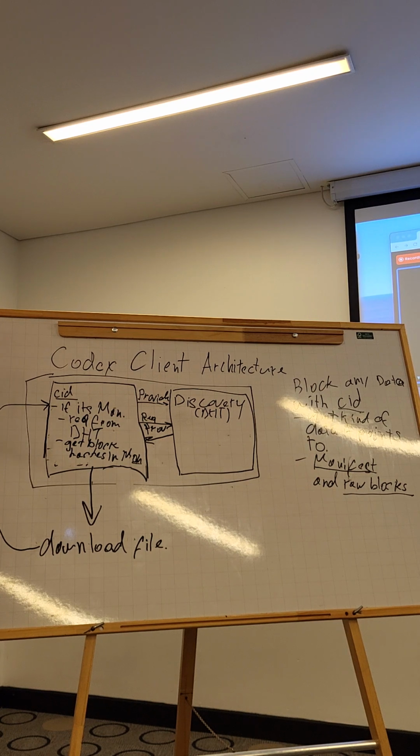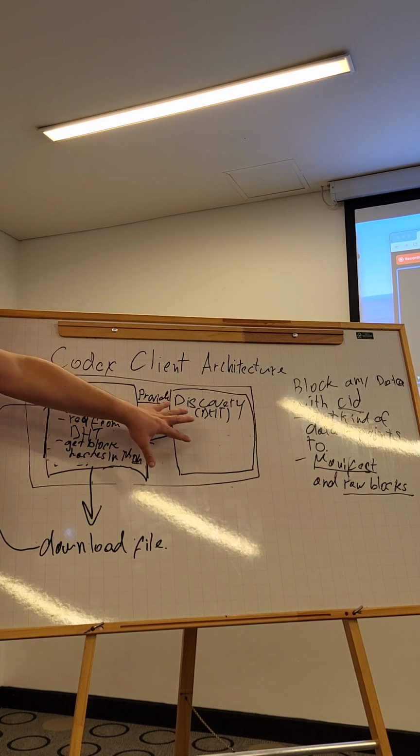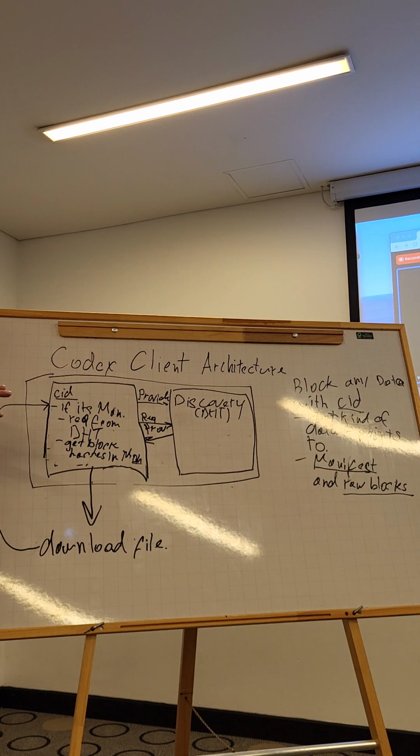So okay, the block exchange assumes that you're already connected to the nodes, right? So the block exchange takes over from the part where you've already connected to a node that potentially has the blocks that you want. The DHT takes care of everything before that, right? The DHT comes into play before you've connected to nodes that have the blocks that you're looking for.